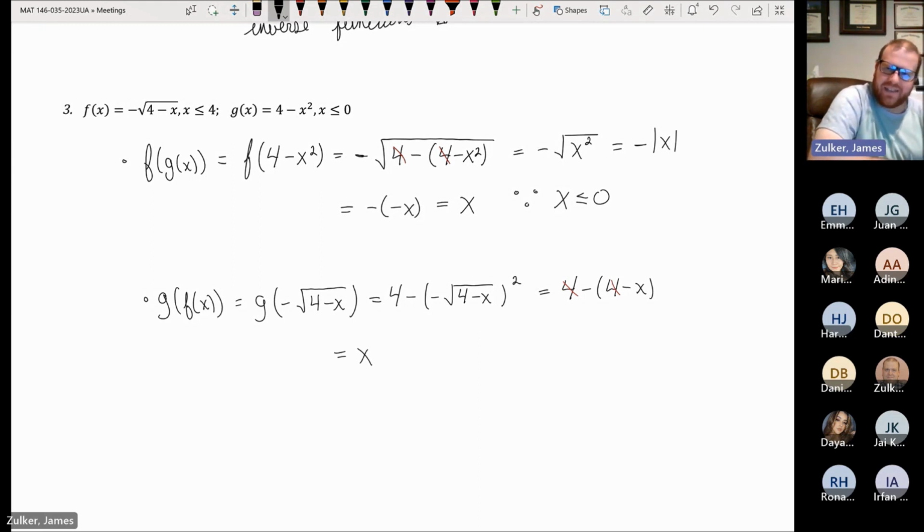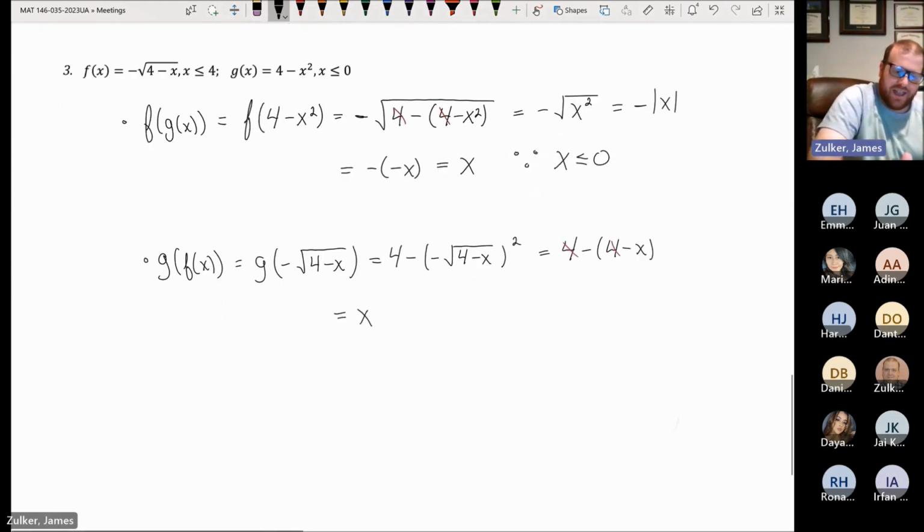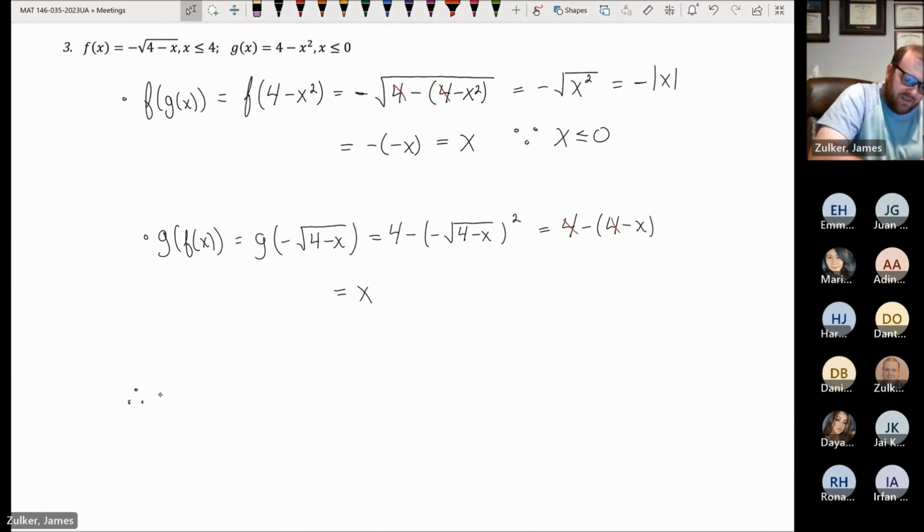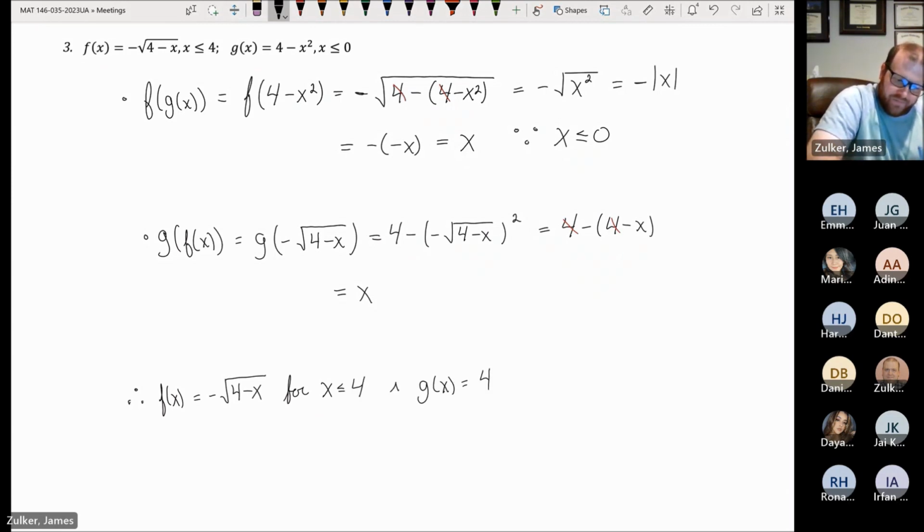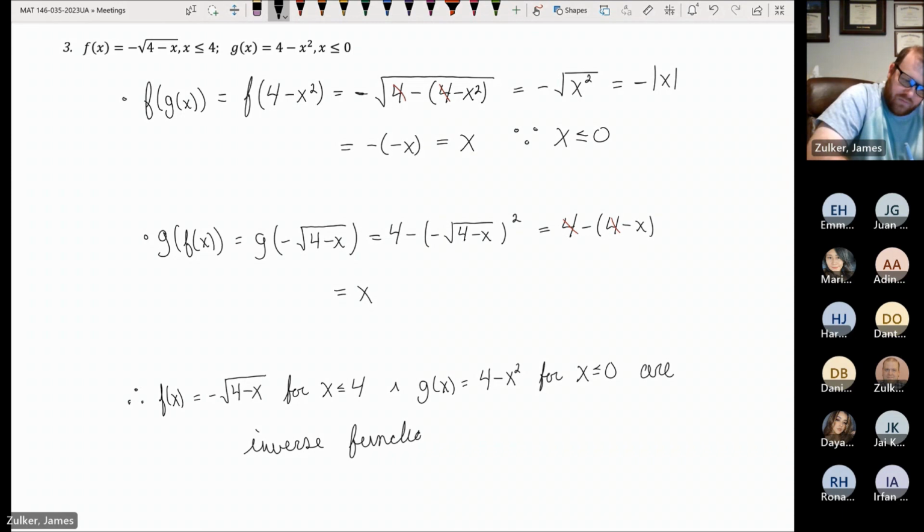We're left with minus negative x, which is just x. Therefore, these two functions are inverse functions.